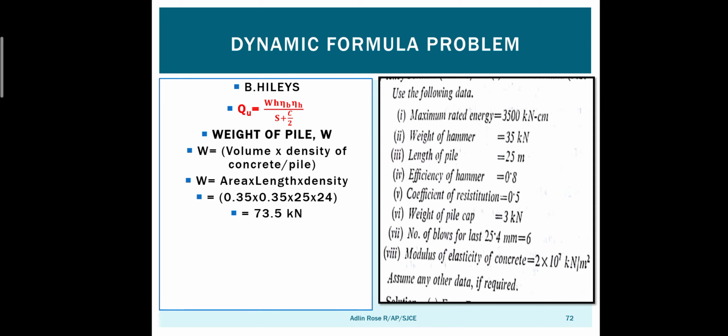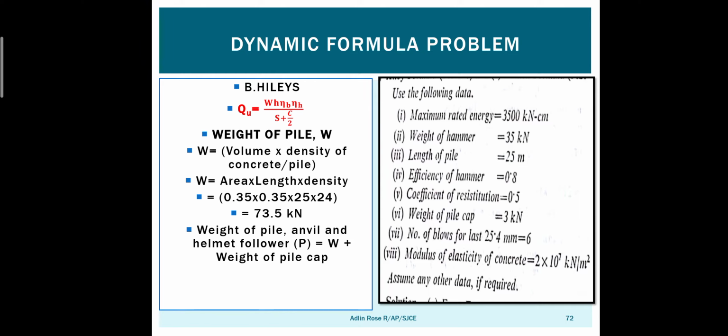Density of concrete is 24 kilonewton per meter cube. That should be memorized. Now we should find the total weight of the pile. How to find the total weight of the pile? Total weight of the pile plus any other weight given in the question, pile related. What is given in the question? In the sixth point, it is given the weight of the pile cap is equal to 3 kilonewton. If the weight of dolly is given, or weight of anvil is given, you have to add those also.